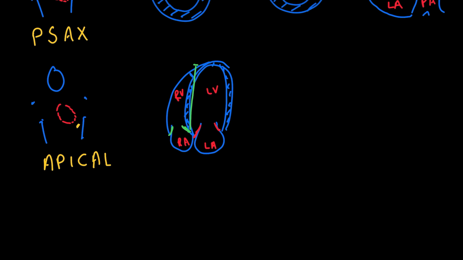All right, so let's clean this up. Now if you take your probe that's down in the apical four-chamber view and rotate it about 60 degrees, you'll see this view. You'll see the left atrium that empties blood into the left ventricle.